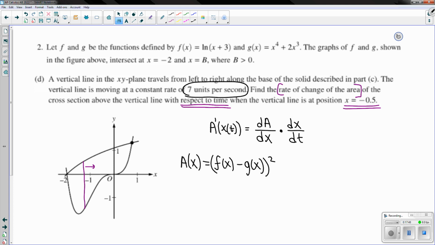squared. And when we differentiate that, we can take care of this in our calculator because we're going to ultimately do this at a specific point. So when we want A prime of negative 0.5, there's no need to try to do this derivative by hand. We're going to do d dx in the calculator, and we're going to type in our ln of x plus 3 minus x to the fourth plus 2x cubed, square it.